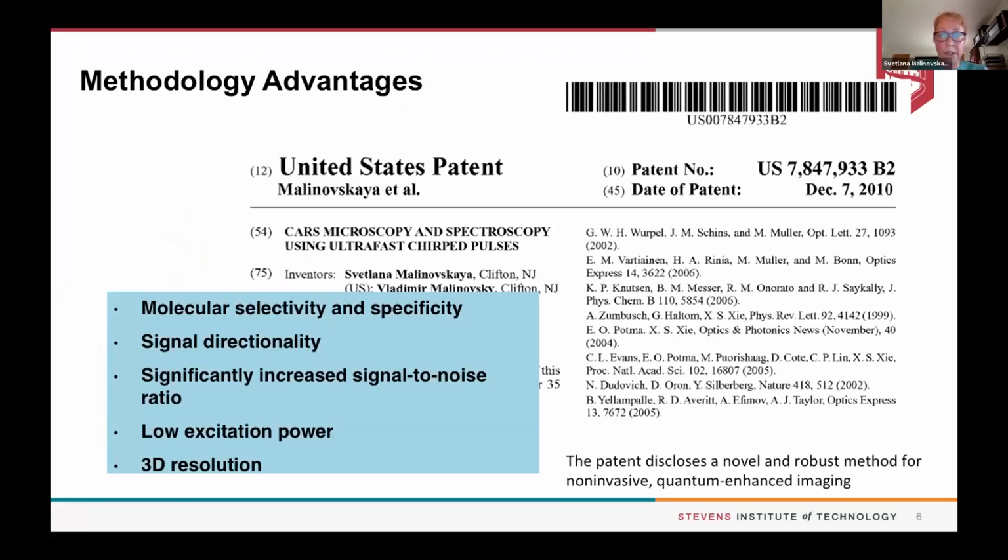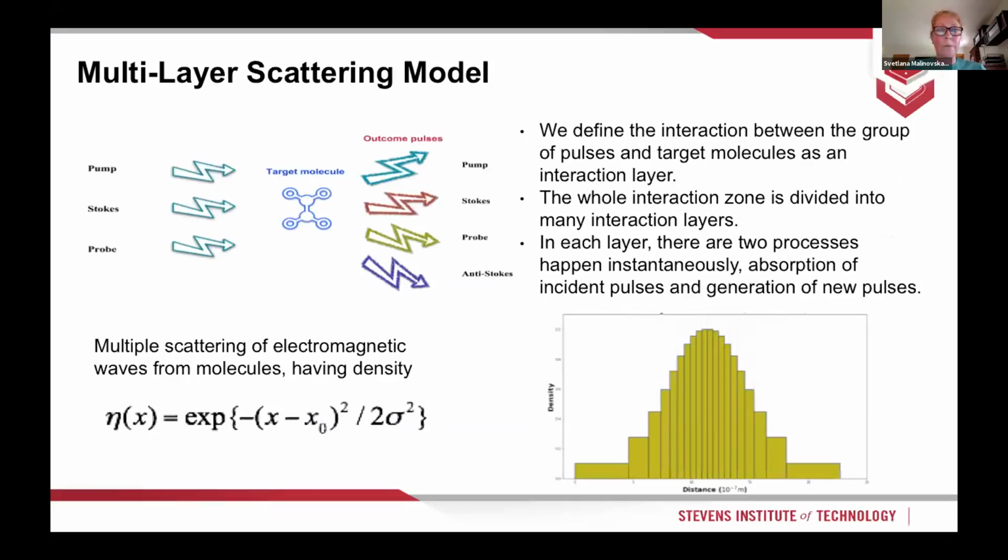We also obtained a patent which discloses a novel and innovative technique for molecule-specific imaging. It may be very useful for a variety of diagnostics in medicine, like distinguishing between related species or distinguishing between cancerous and healthy cells, for example.